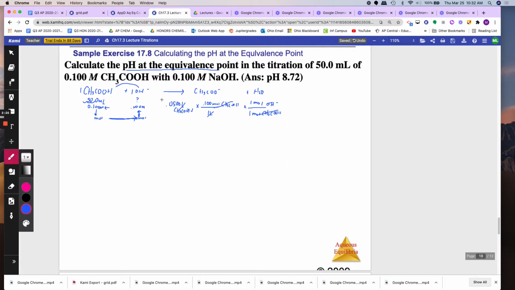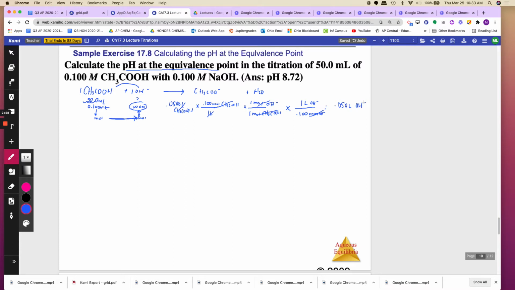I will use the molarity, 0.1 molar, which means 0.1 moles for every 1 liter of OH minus. So this is gone, and I'll end up with liters of OH minus. When I do this math, I got 0.050 liters of NaOH or OH minus.